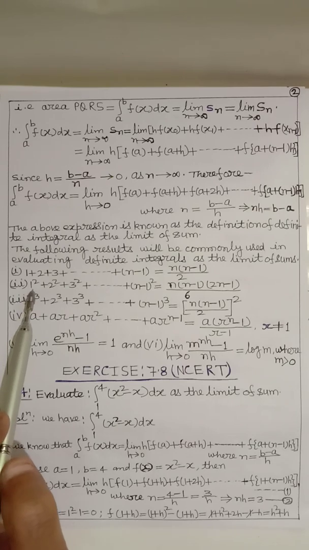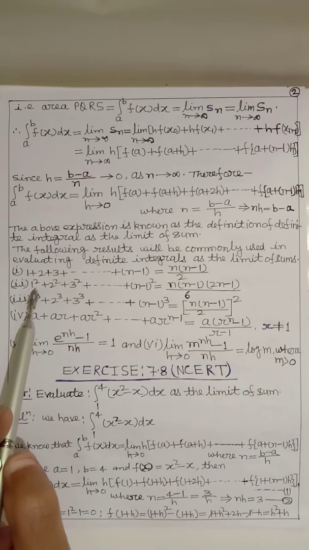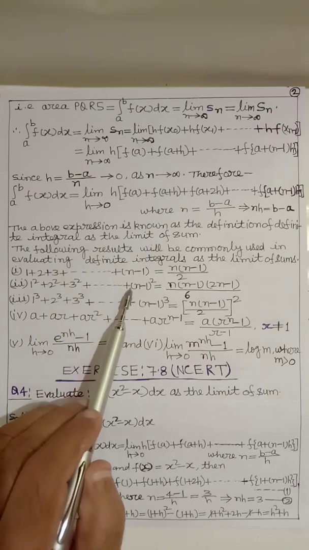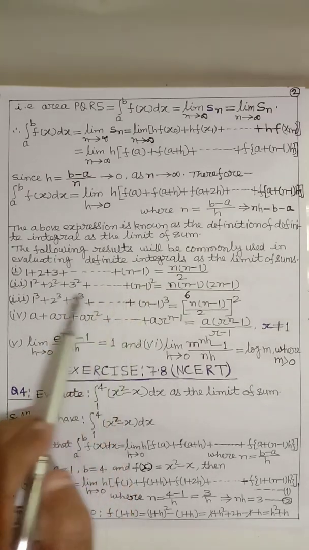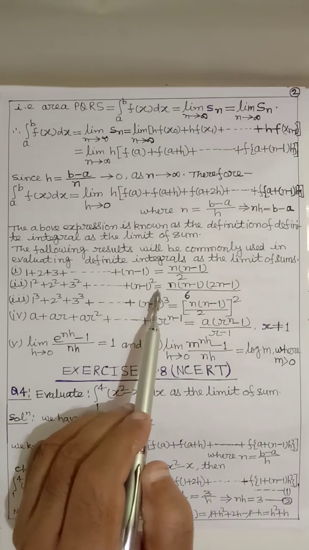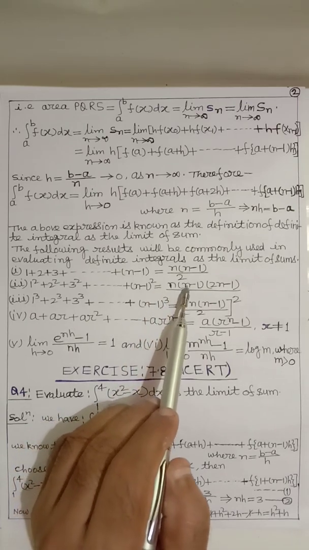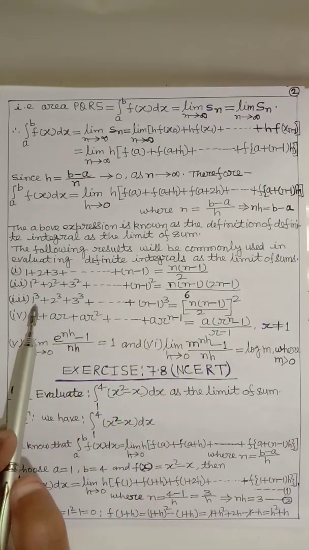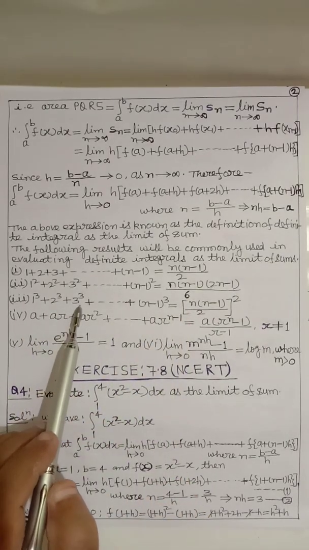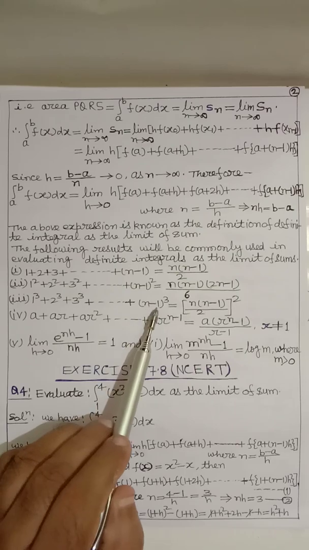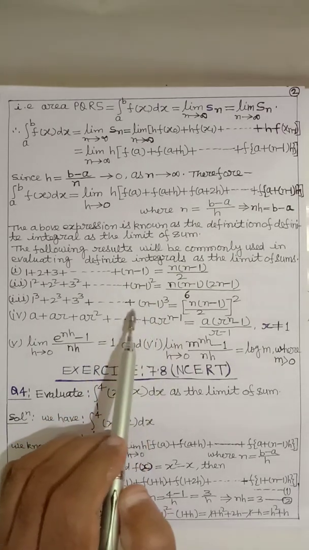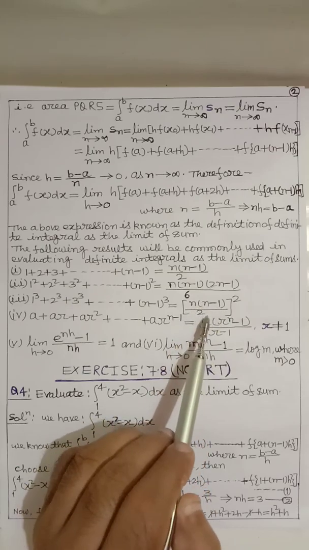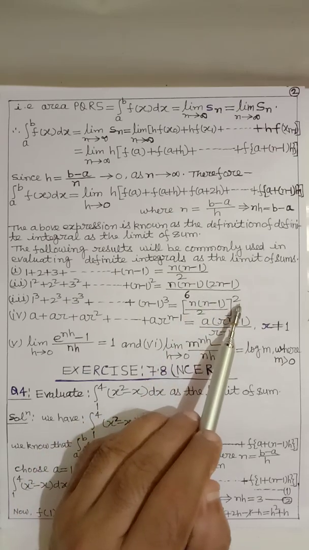Second, 1 square plus 2 square plus 3 square plus and so on plus n minus 1 whole square. In this case, the sum is n into n minus 1 into 2n minus 1 by 6. Third, 1 cube plus 2 cube plus 3 cube plus and so on plus n minus 1 whole cube, and the sum is equal to n into n minus 1 by 2 whole square.